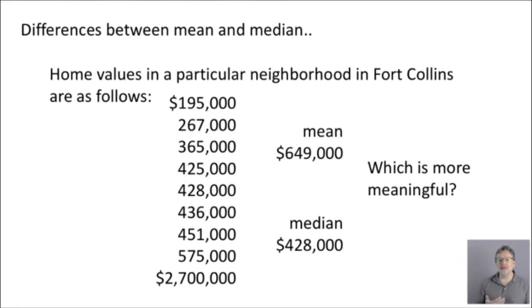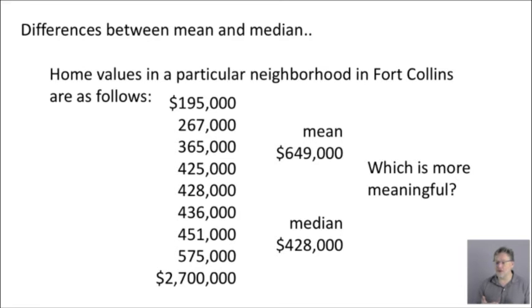Now, if we calculate the mean for each one of these home values, we get a value of 649,000. When we calculate the median, we get 428,000. And so the question here is, which one of these values is more meaningful? They're both correct mathematically, but which one of them describes the data in a more effective manner?